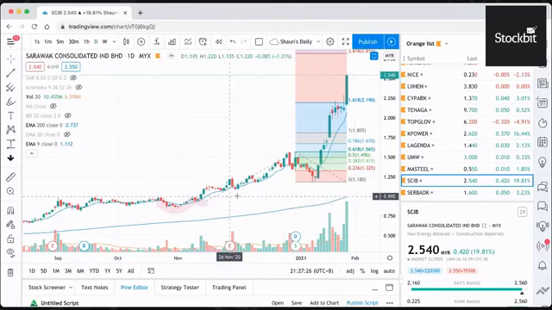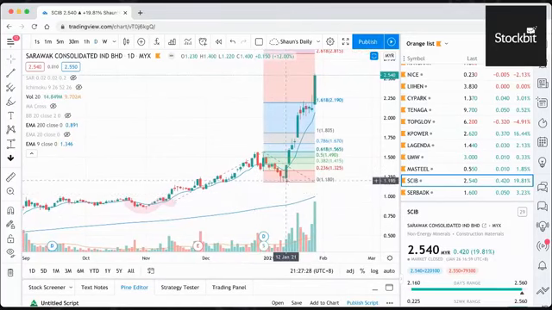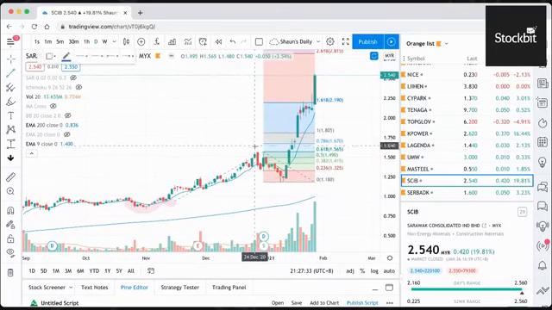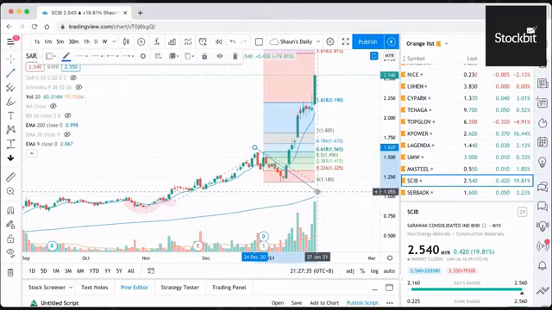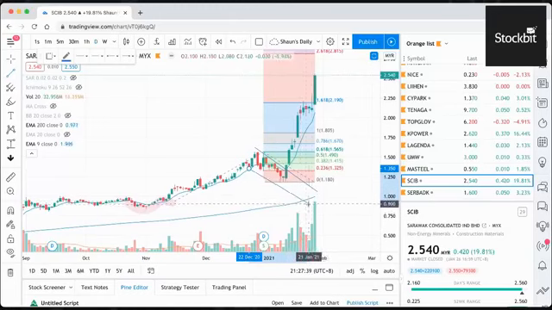Also, another one here: before the last breakout, we can see a flag, right about there.